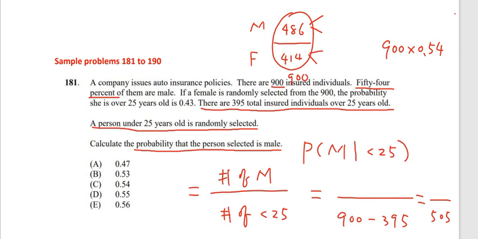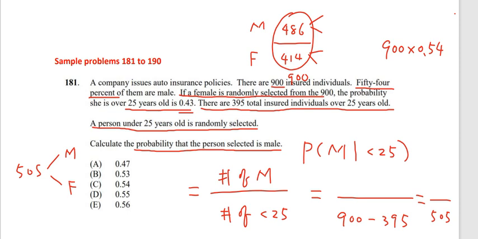Among the 505, some are male, some are female, so we check how many male and how many female. If a female is selected, the probability she is over 25 years old is also a conditional probability.